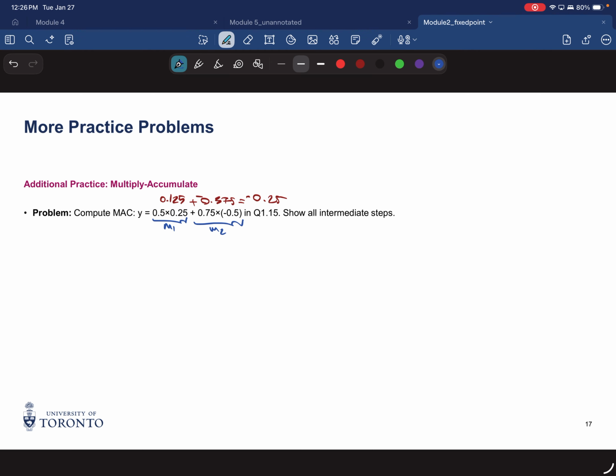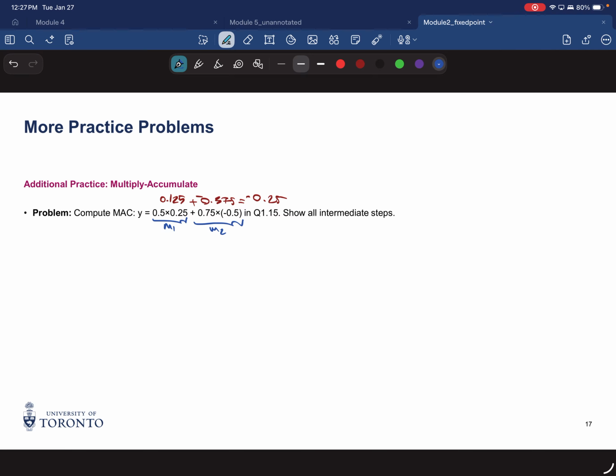Now, when it says Q1.15 for all of them, it means that every time you multiply, the format has to go back to 1.15. Then, after you add them, again everything goes back to 1.15. That's what you restore. That's what the standard way goes.